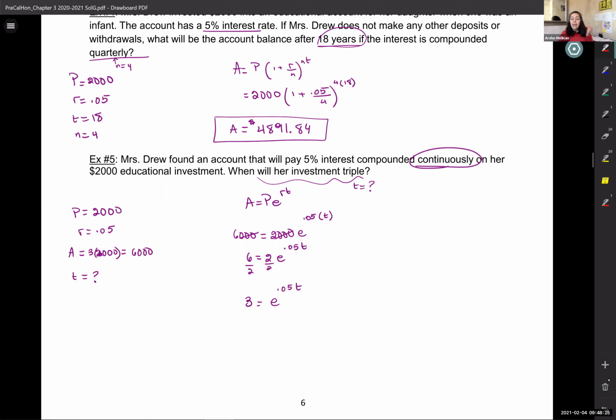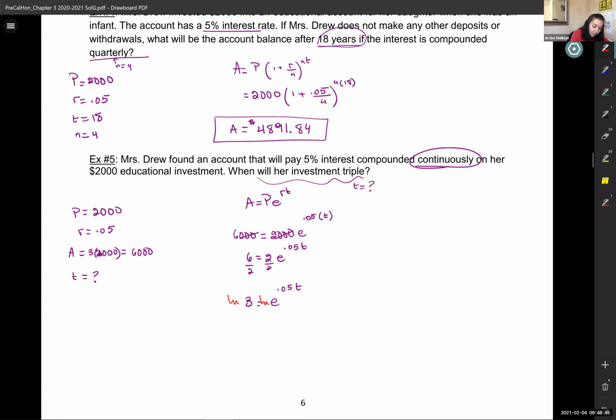Okay, now here I have 3 equals e to the power of something. Does anybody remember what we do here, Gavi? Natural log. Take the ln of both sides. We're going to do this more formally in this chapter.